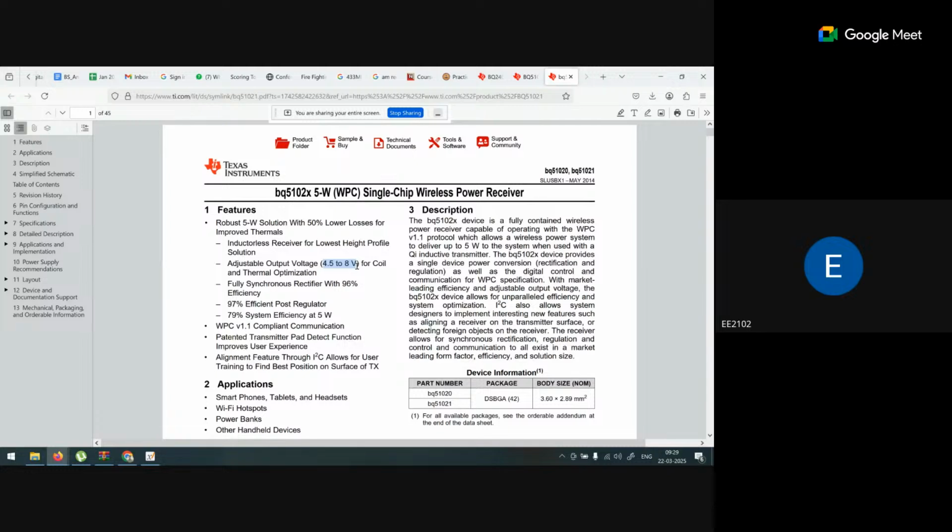Okay, that is adjustable between 4.5 and 8. Now what is the maximum? It is 8.